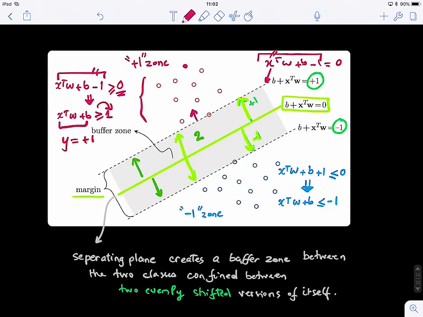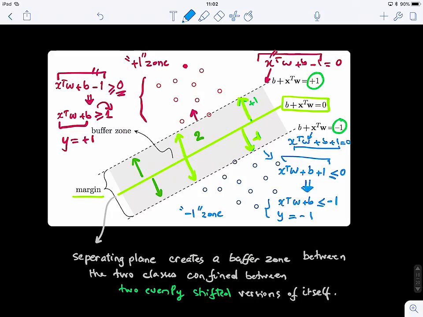And for the blue ones, it's just the same thing. We have the equation for this hyperplane, x^T w + b + 1 = 0. I want this to be negative because I want these blue points to lie below this hyperplane. And I want their labels to be equal to -1. So this is a new condition, and this is exactly what we call the margin perceptron.